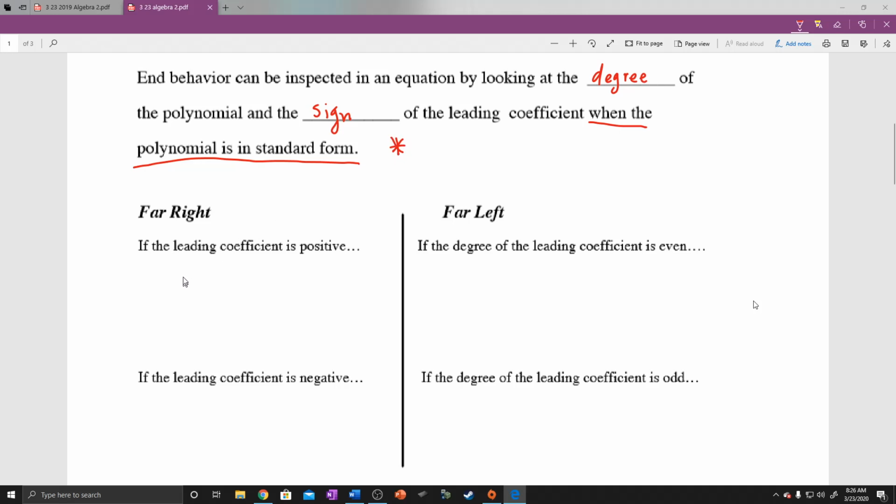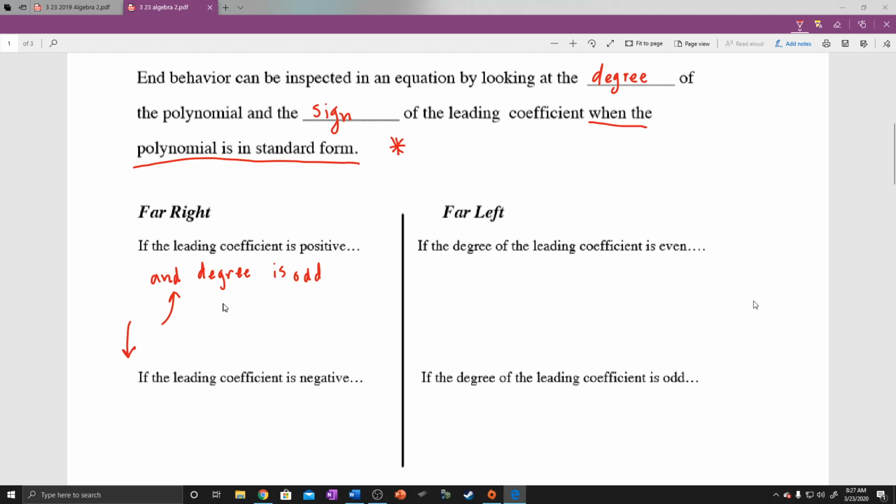So if the leading coefficient is positive and the degree of the polynomial is odd, then as x approaches negative infinity, it's down, and when x approaches positive infinity, or to the right, it's up.